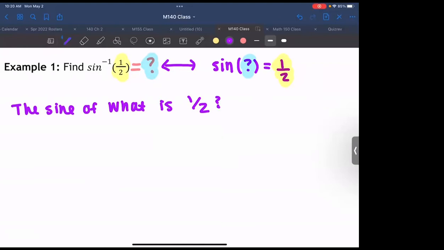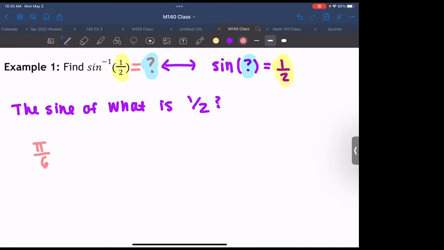Let's take a look at our unit circles. What angle is the sine 1/2? Yeah, 30 degrees or pi/6, right? Because sine is the y value of the coordinate.